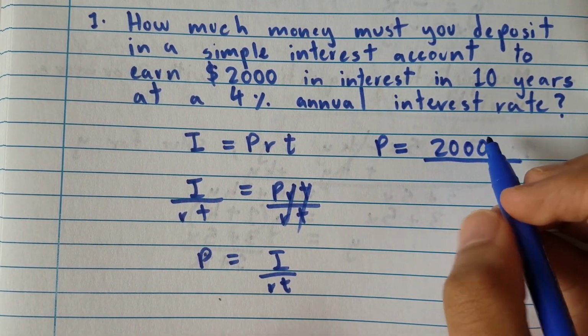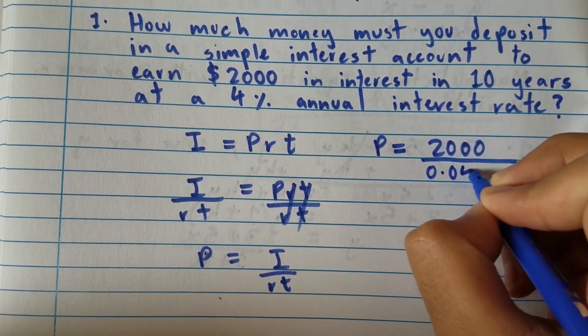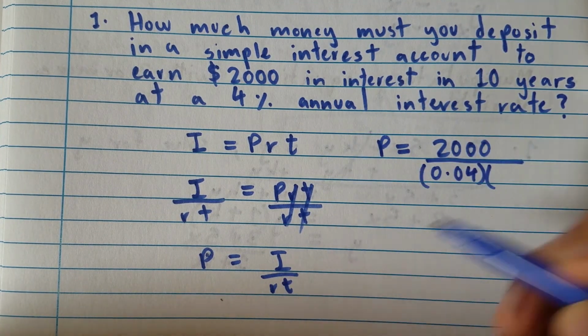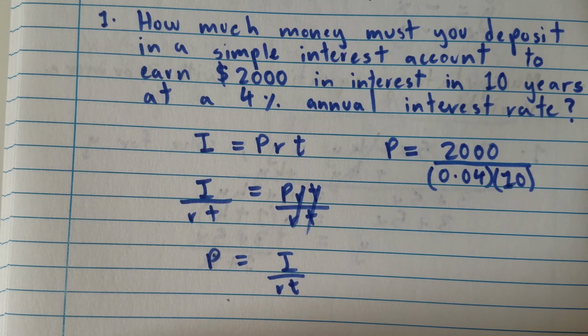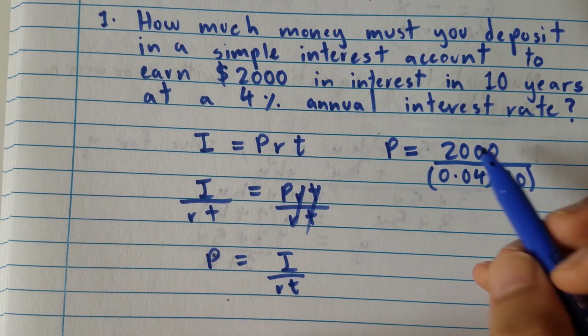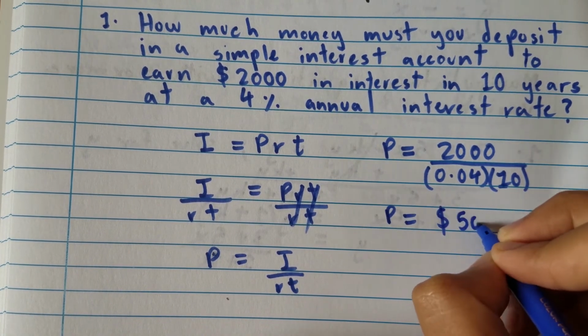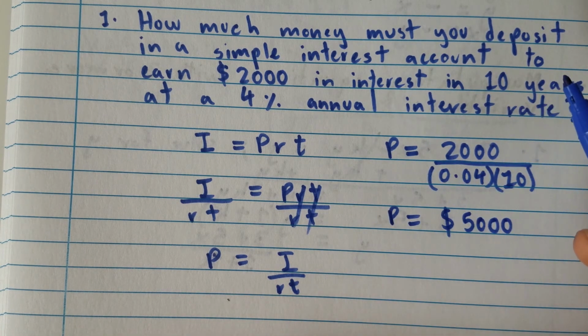And then we divide it by the rate, which is 4% or 0.04, times the time, which is 10 years, and we put that in years. And now we just calculate this, and we get that the principal amount is $5,000. So this is the amount of money that the person should deposit in the simple interest account to earn $2,000 in interest in 10 years at a 4% annual interest rate.